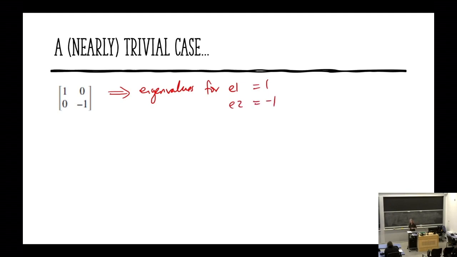So we just read those off the diagonal. But we can go ahead and do the computation via determinants just so that we can get some practice.